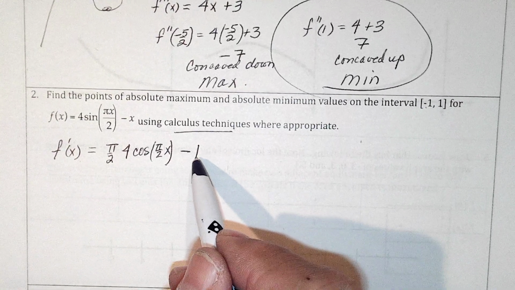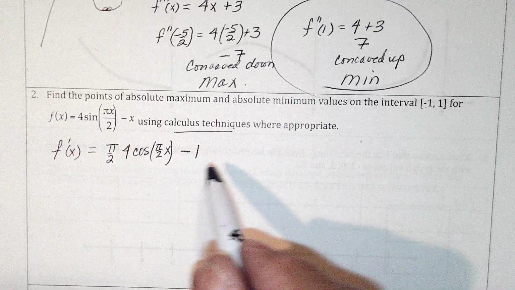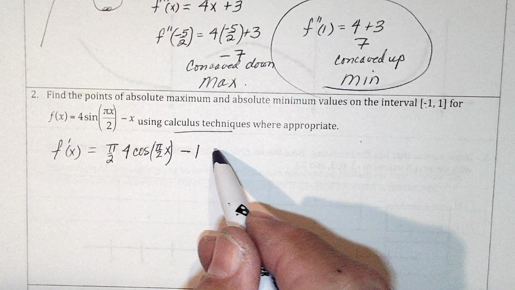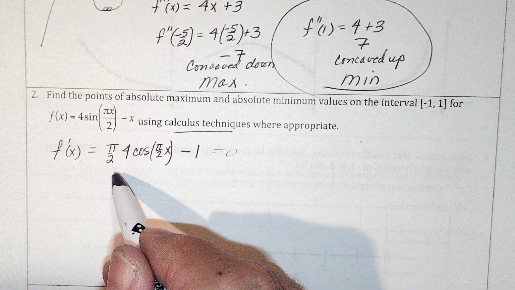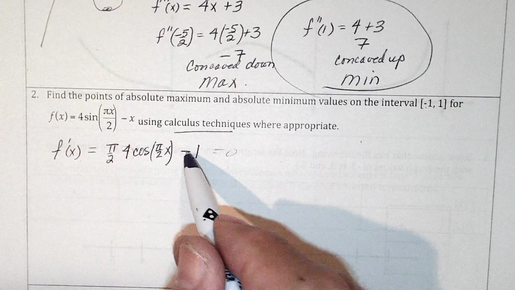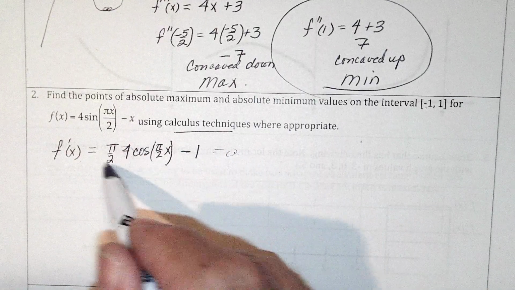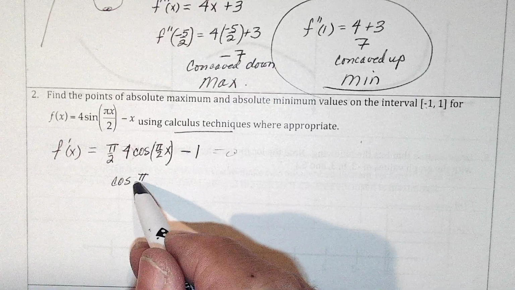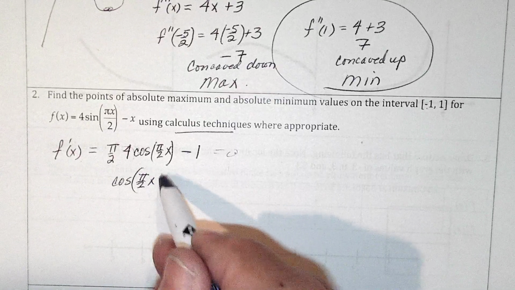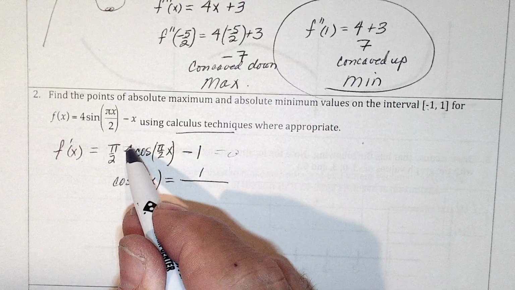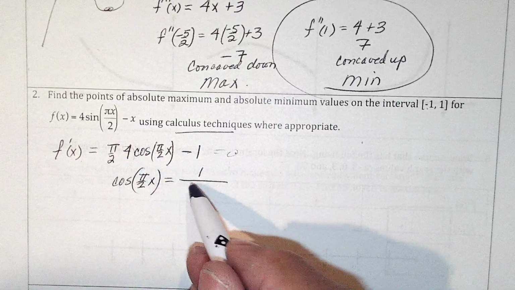And we're supposed to set this equal to 0. So if I set that equal to 0, I add 1 and then divide by that. So I'm going to get cosine of pi over 2x equal to 1 over, see, 4 times that, that's 2 pi.